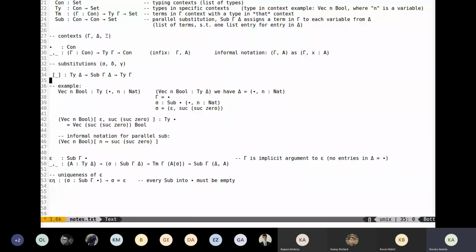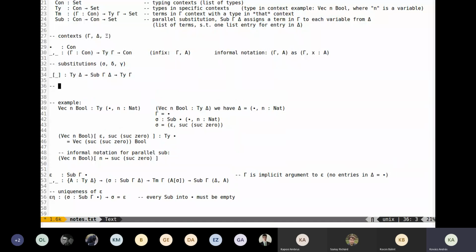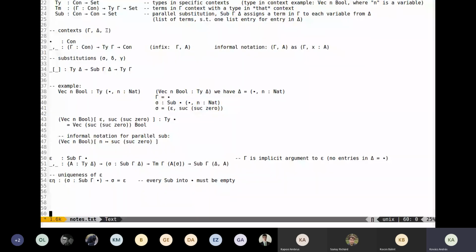But before we go forward, let's make this picture a bit more complete. So there are some equations. First, let's mention some particular substitutions which are important.